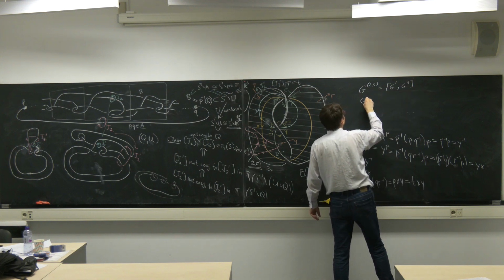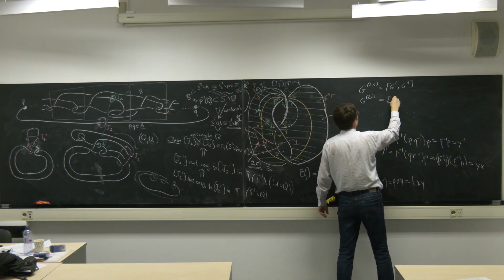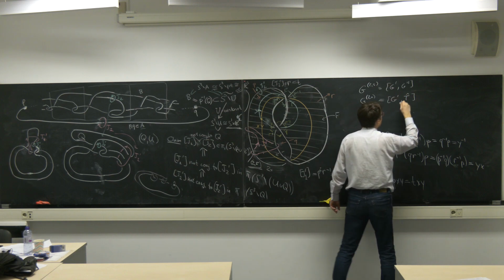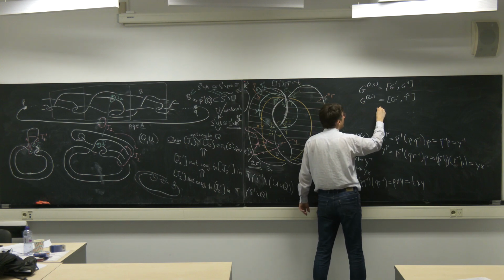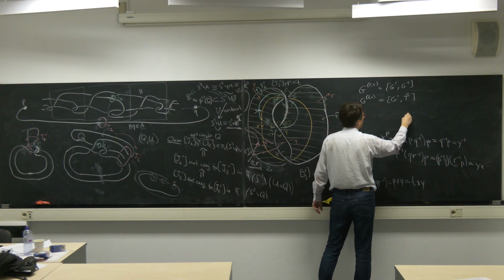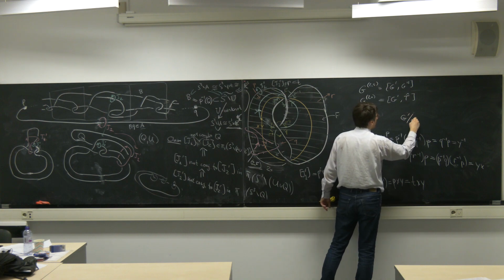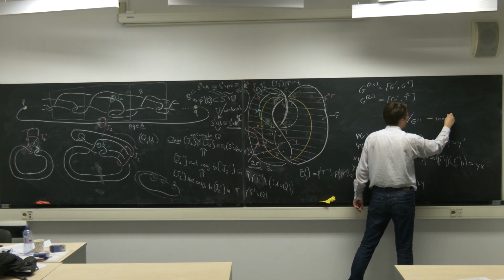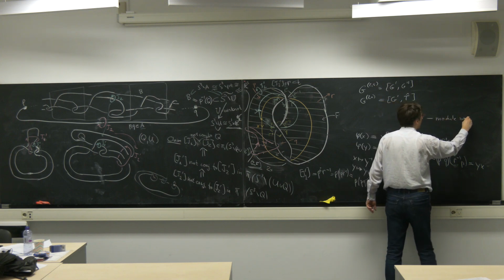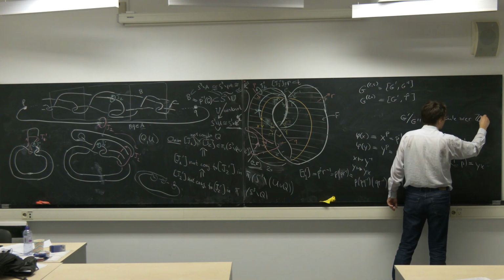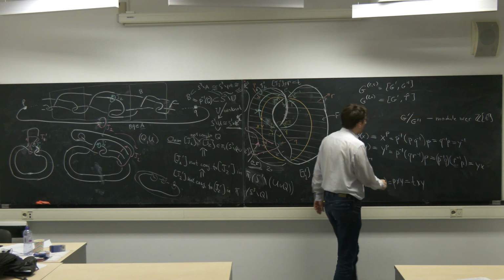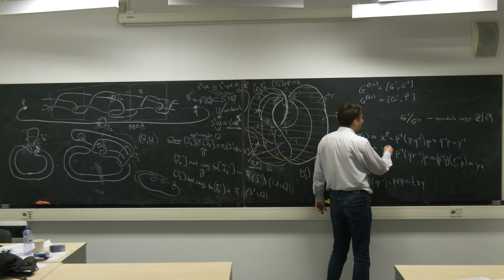And G 2 plus is the commutator subgroup of G prime and T hat, where we have the module, this G prime over G prime prime is the module over the Laurent polynomials in T plus minus 1.